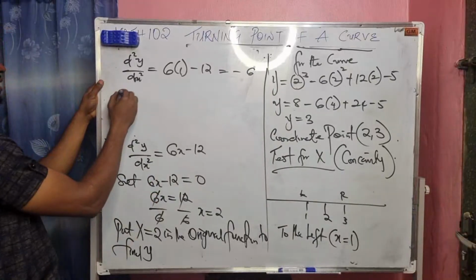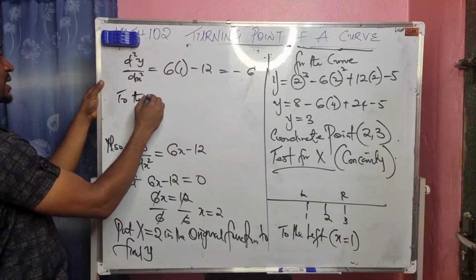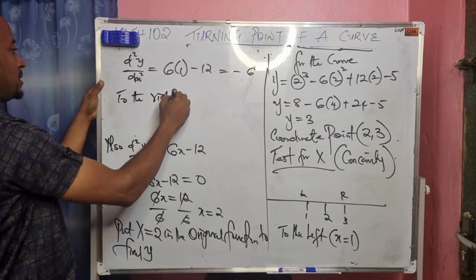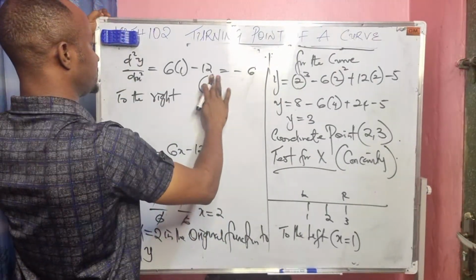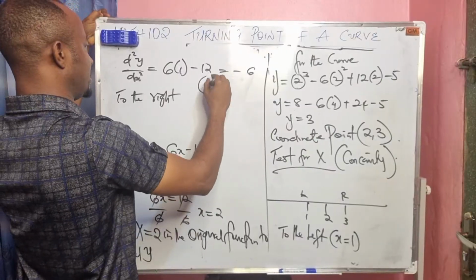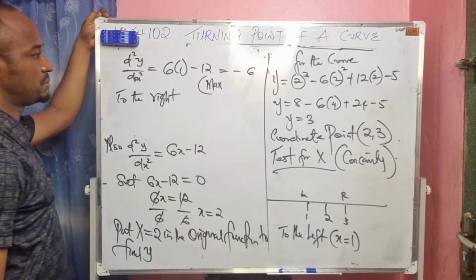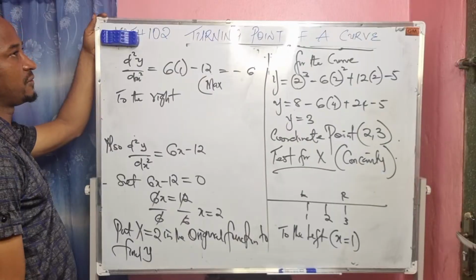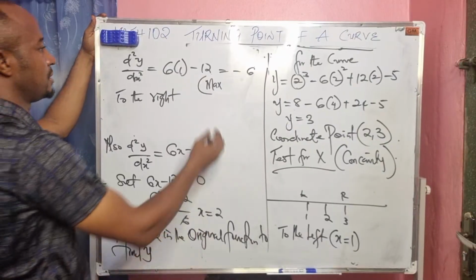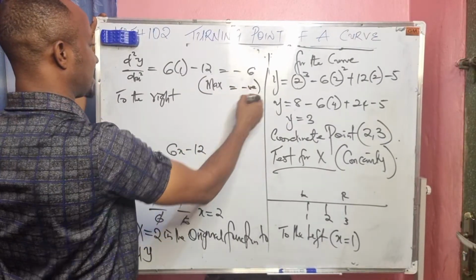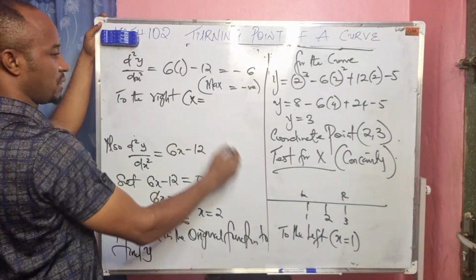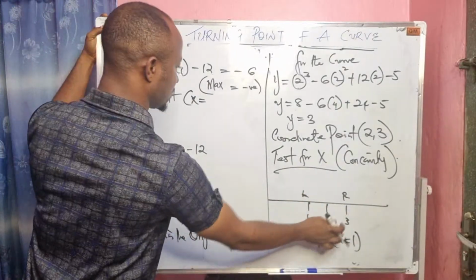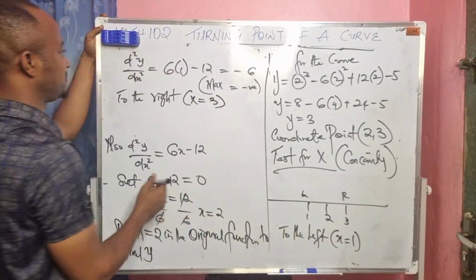So let's test now to the right. Hope we know what this implies. This simply means maximum, or concave down, which is negative. The sign is negative, yeah? So to the right is x equals 3. Let's verify.